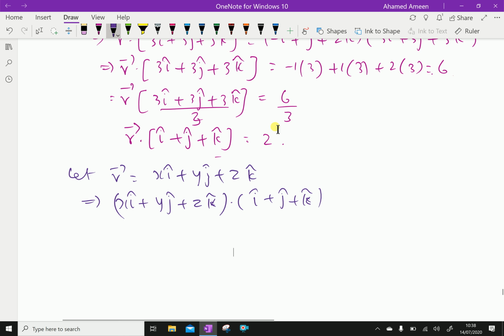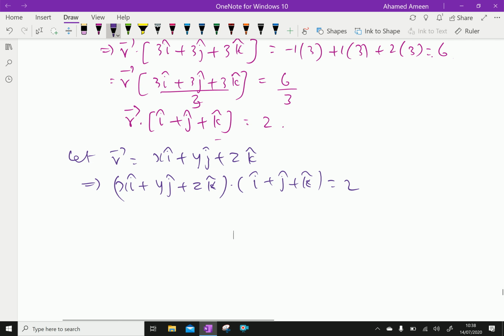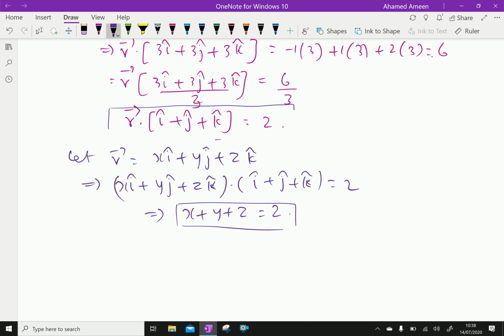Then taking the dot product, i dot i is 1, j dot j is 1, k dot k is 1, therefore the Cartesian equation is x plus y plus z equals 2. So this is the required Cartesian equation. Here this is the vector equation.